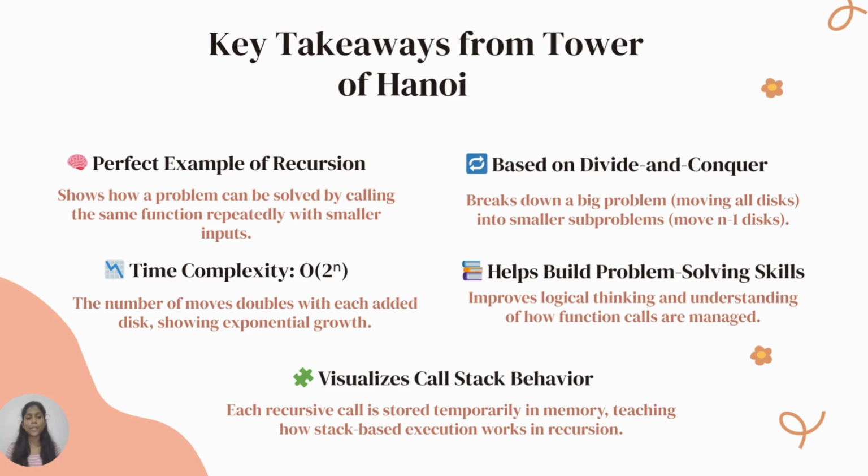The time complexity is O(2^n), which means it grows really fast as we add more disks. It's a great way to develop problem solving and logical thinking, especially when learning DSA. And finally, it helps us visualize how recursive functions are executed using the call stack. Each function waits until the next one finishes.